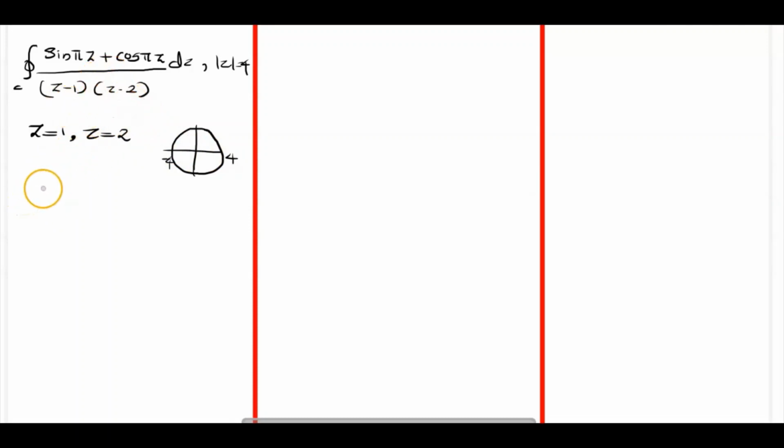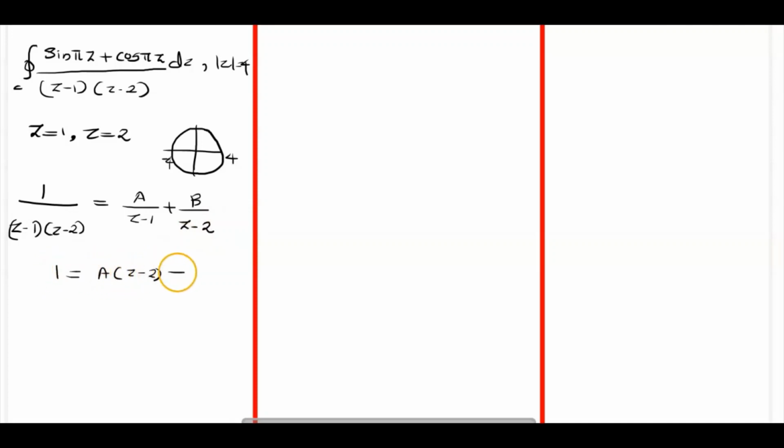So let's do partial fractions. 1 by (z minus 1) into (z minus 2) equal to a by z minus 1 plus b by z minus 2, which is equal to 1, a into (z minus 2) plus b (z minus 1). Substituting z equal to 1, we get 1 equal to minus a, that is a equal to minus 1.